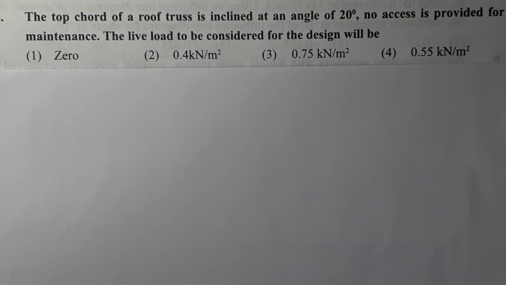So here I am just simplifying things. In case of sloping roofs, in case access is not provided, the live load can be considered as 750 newton per meter square up to 10 degrees. Thereafter we will have to deduct 20 newtons per meter square for every degree increase in slope over 10 degrees.